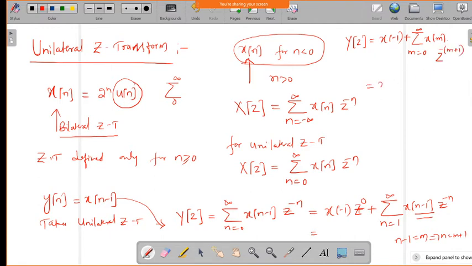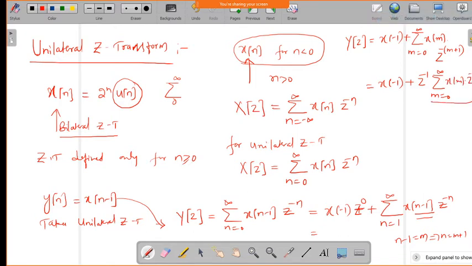Now we can write this as x of minus 1 plus, now take out z power minus 1 outside. Since it is the z transform for m values, now I can write it as m equal to 0 to infinity x of m into z power minus m.